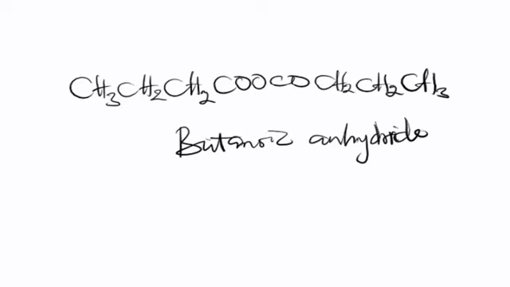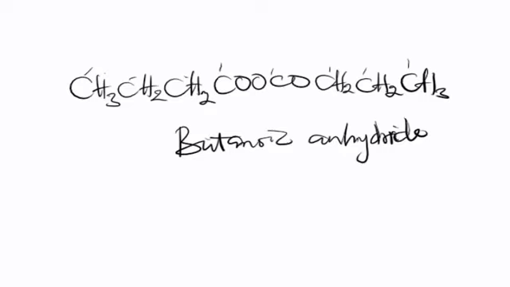So this is how I can simply name this compound. Now the reason is I have a butanoic acid, that's 1, 2, 3, 4 here. Then I have 1, 2, 3, 4 here.